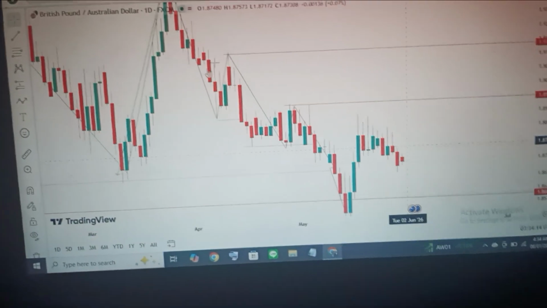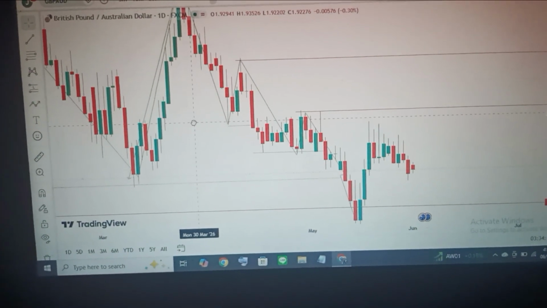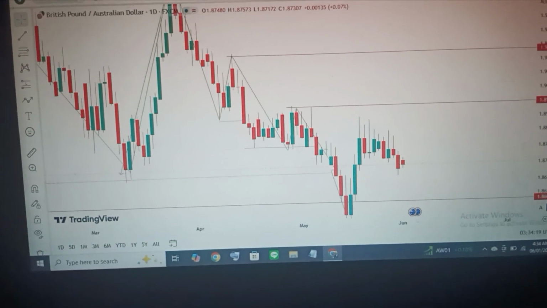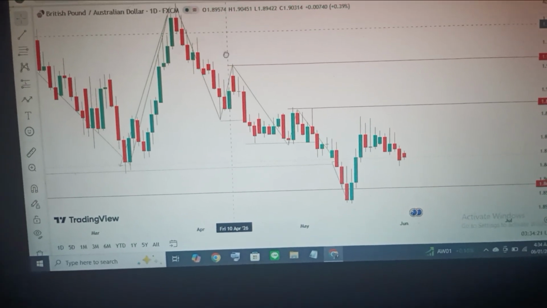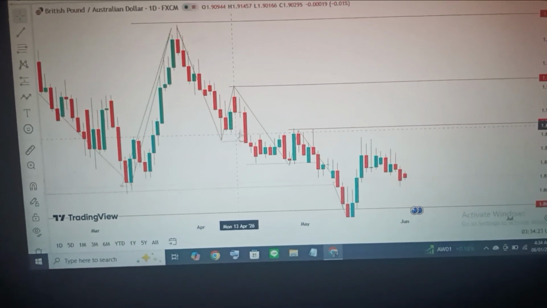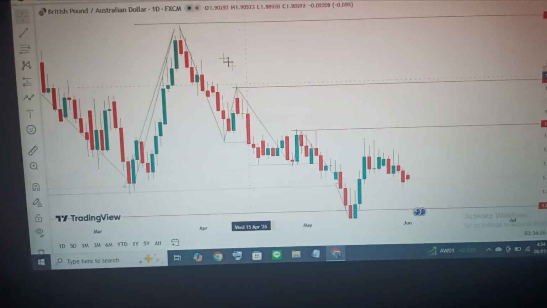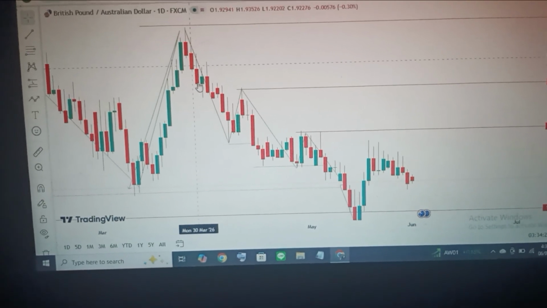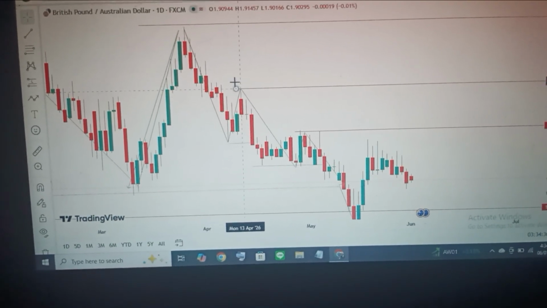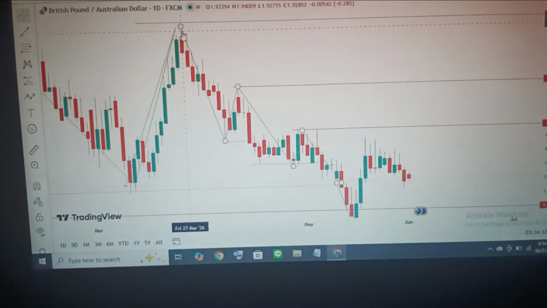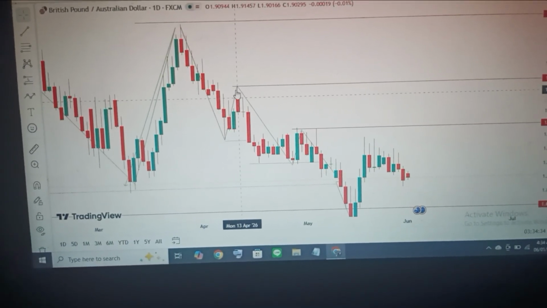So what do we expect now? This is the impulsive leg of the weekly time frame, but also within this weekly time frame, we are looking at the daily structure, how this weekly impulsive leg builds the daily structure.